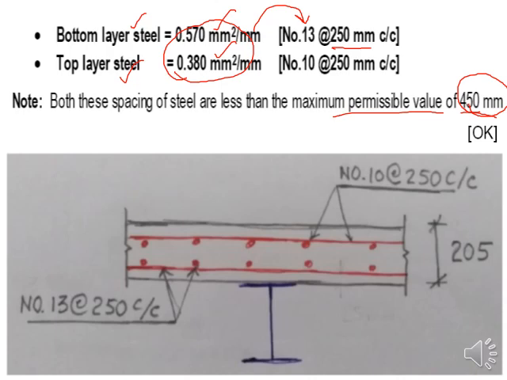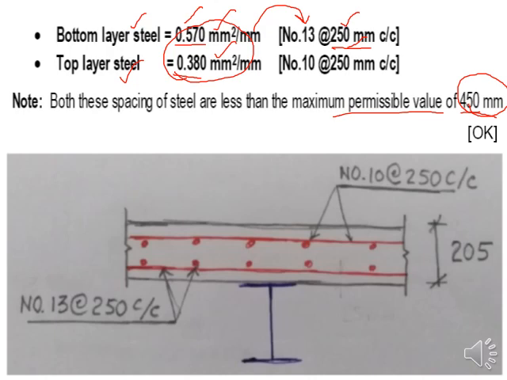Generally it comes out to be less than 450, so there is no need to describe. But if in any case this spacing is more than that, you have to be very careful, because you are going beyond that particular value. Any designer may come and say that he wants to provide an area of steel more than this minimum value. Minimum is this one, so any value greater than that I can provide. If someone is interested in providing more area of steel than this value, then this spacing comes out to be greater than 250.